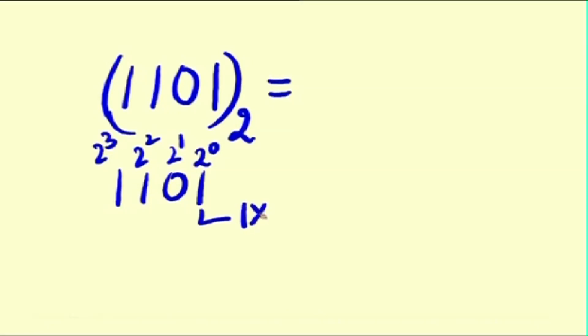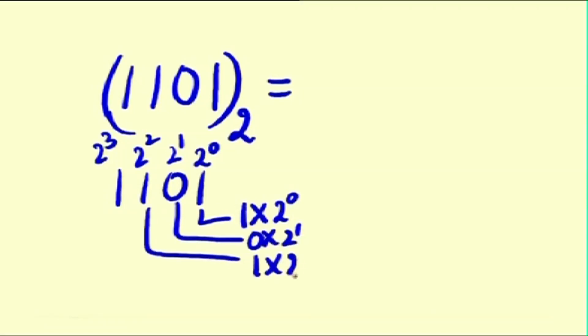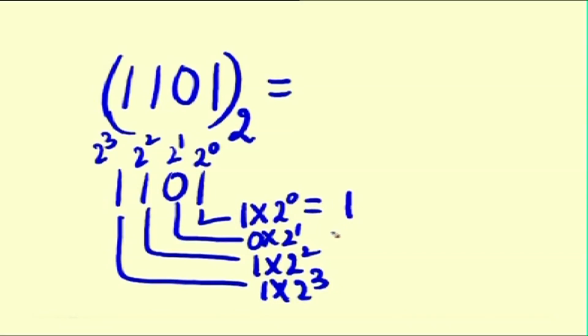What is this? 1 into 2 power 0, this is 0 into 2 power 1, this is 1 into 2 power 2 and this is going to be 1 into 2 power 3. All right. So, this gives you 1, this gives you 0, this gives you 4 and this gives you 8. So, 1101 is nothing but 13.